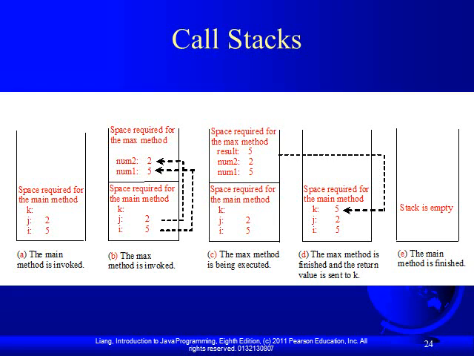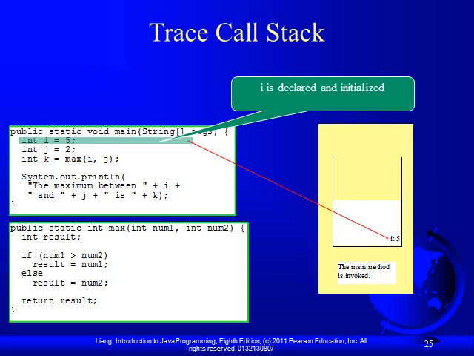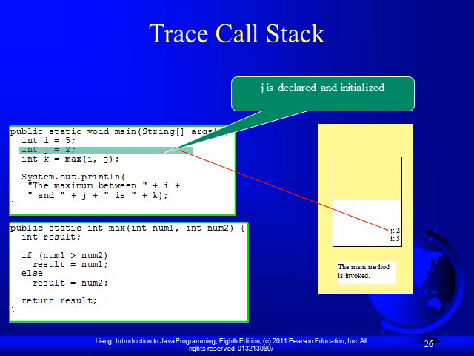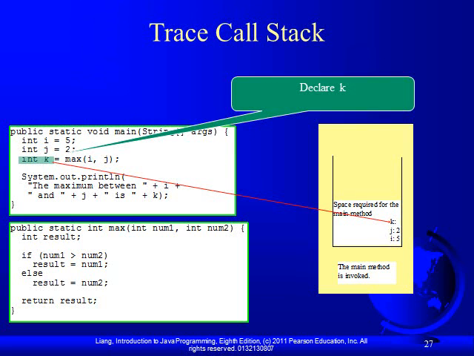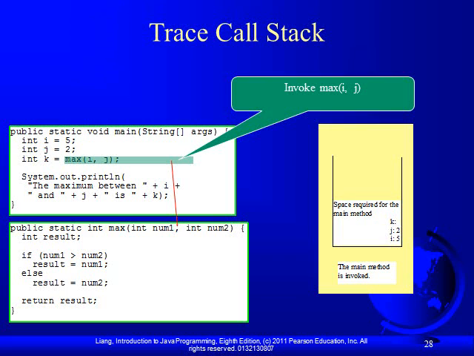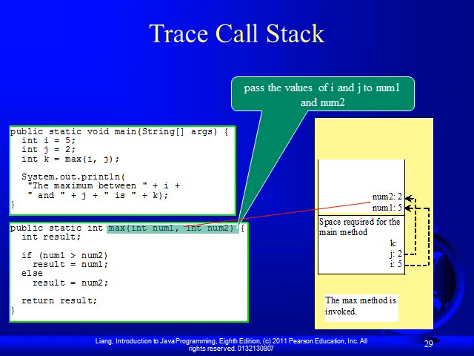The following animation should be instructional. First to be declared and first into the stack is i. Next, j is declared. Control is being passed to the max method.